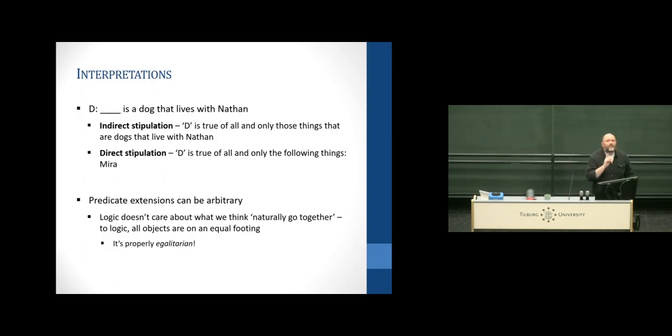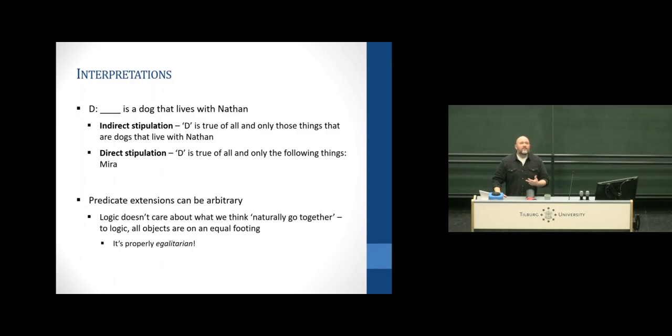Now here's the really rude trick. So far, when we've been dealing with FOL, we've played it as if the predicates we've been using stand for real properties out in the world. Being a spy, being vegetarian, being a dog that lives with Nathan. But that's just so that we could understand the language.